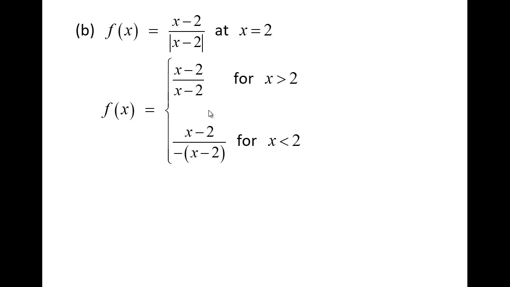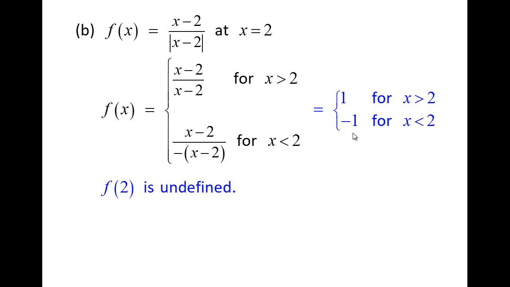So in this case, I get -1 to be the value of f. So what do we get? We get that f is 1 when x is bigger than 2, and when x is less than 2, the value of the function is -1. And also notice that the function f is undefined at 2, because when x is 2, you get a 0 in the denominator.